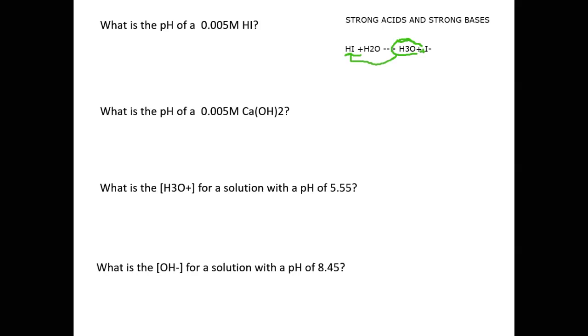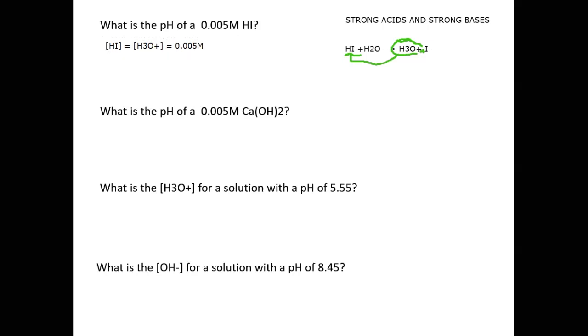So now we want to calculate the pH of HI, and HI is a strong acid. So the concentration of HI equals the concentration of H3O+, which equals 0.005.